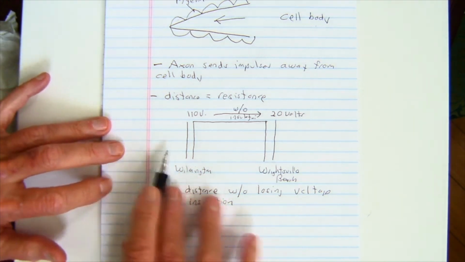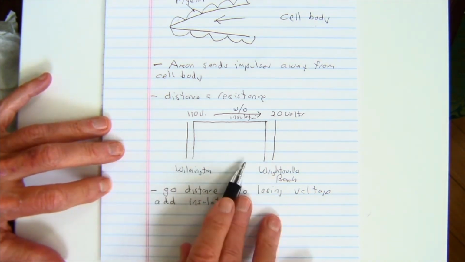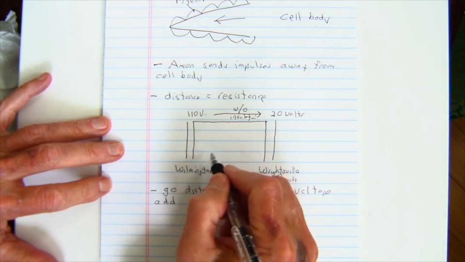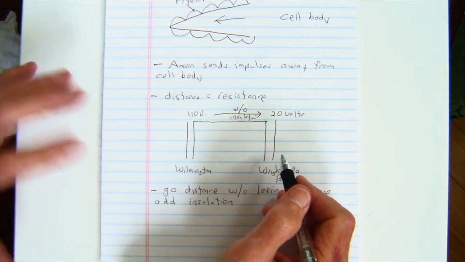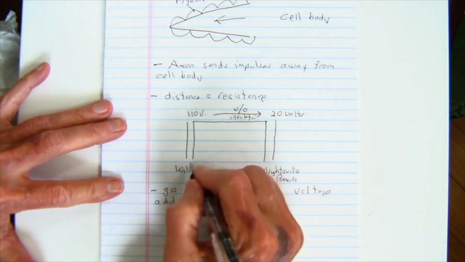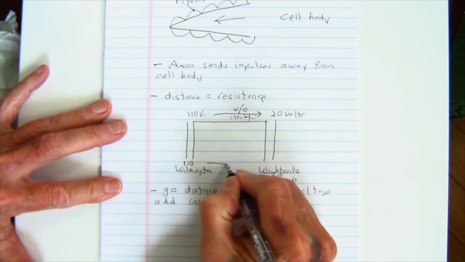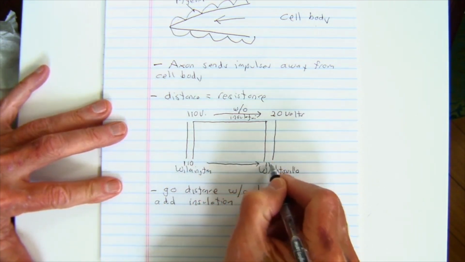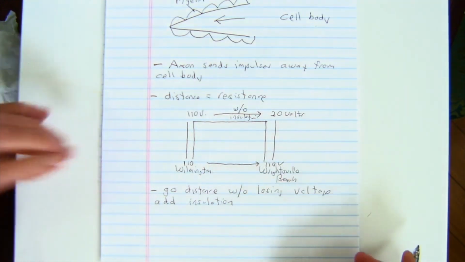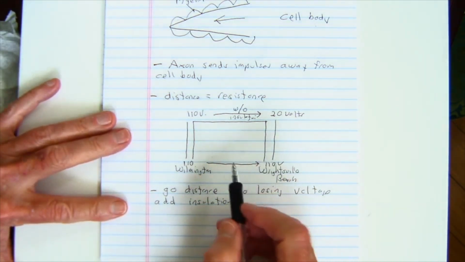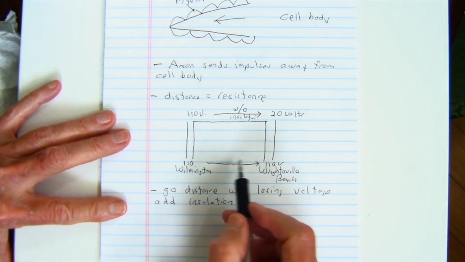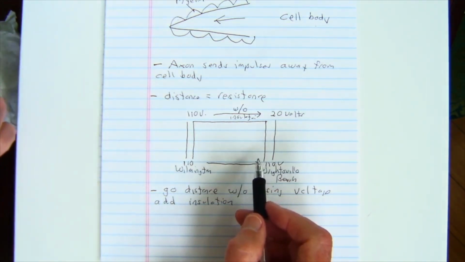So when I now add this insulation to this wire, comparing it as an analogy to the human body, if I started out with 110 volts, I would end up in Wrightsville Beach with 110 volts. But the other issue you have is that even when you insulate a wire, you have to somehow keep that voltage up.